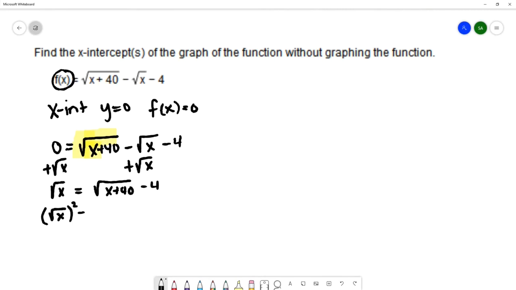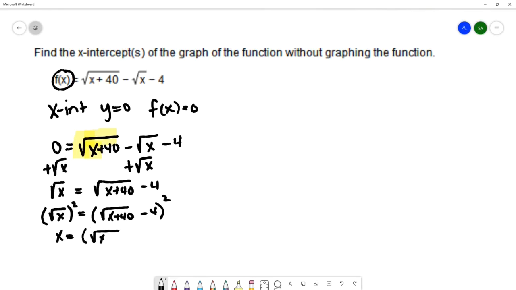I'll square the left, and to balance, I need to square the right as well. On the left-hand side, the square root and the square cancel each other out. And on the right-hand side, we're going to multiply this out.